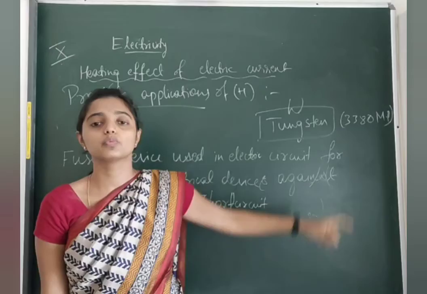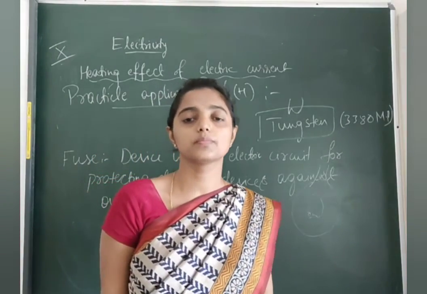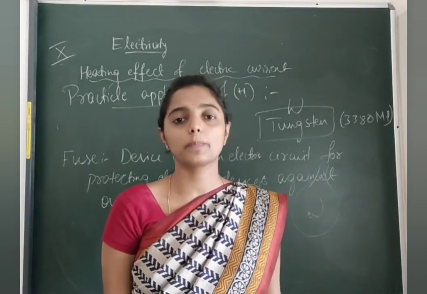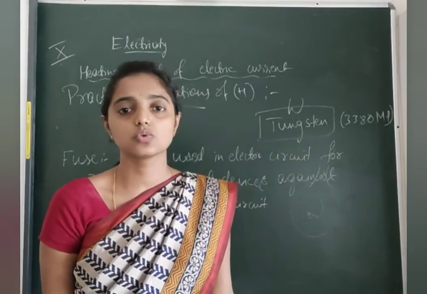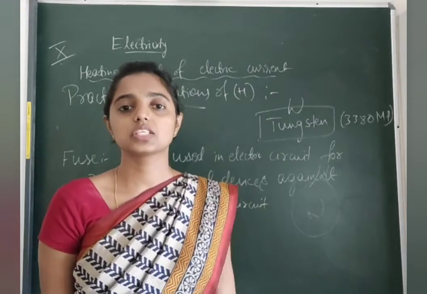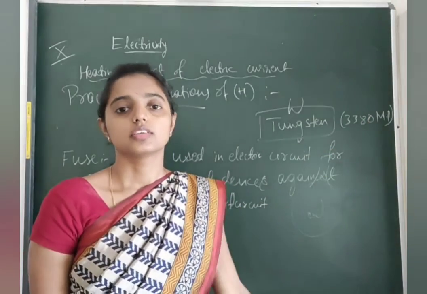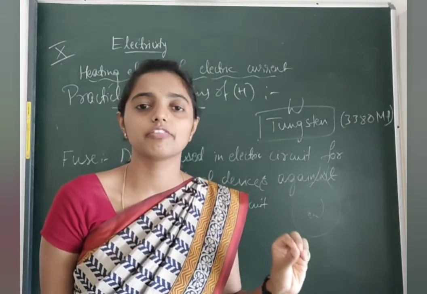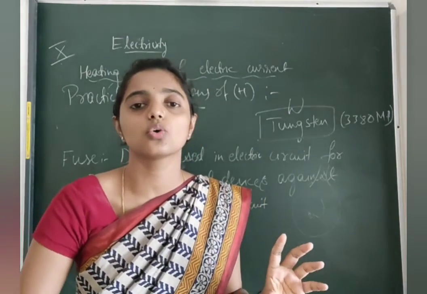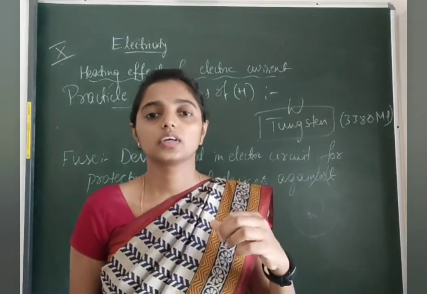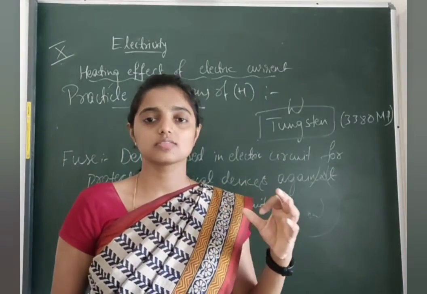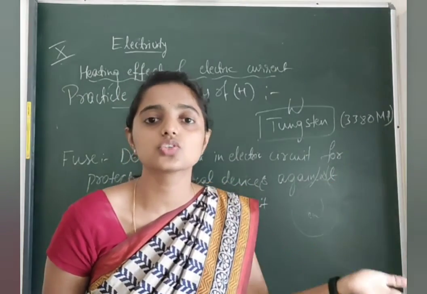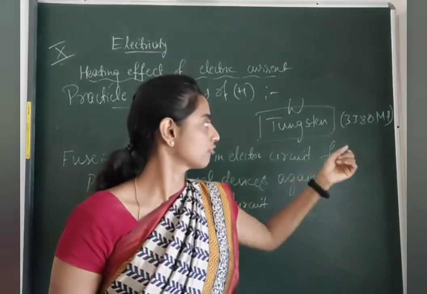So this is a metal used as a filament in bulbs to emit light. This is an expected 1 mark question: name a metal which is used as a filament in bulbs, and you need to write tungsten. Clear? And to increase the shelf life of this filament, they also add chemically inactive gases such as nitrogen and argon inside the bulb, just to increase the shelf life of the filament.